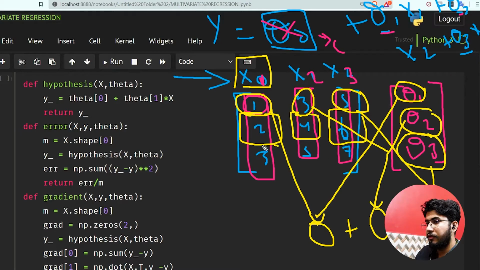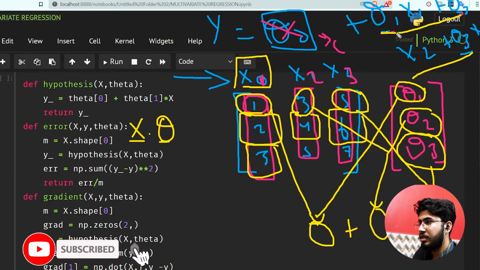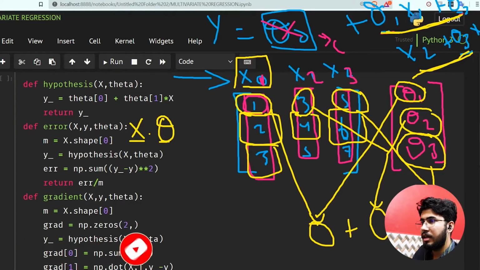So this formula is going to work if we just matrix multiply x with theta, as we saw here, and you are going to have this result.